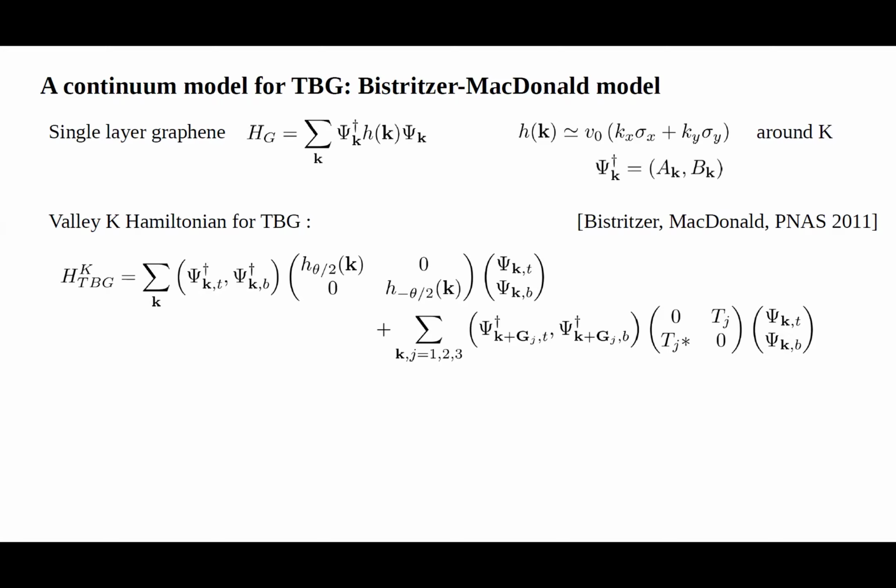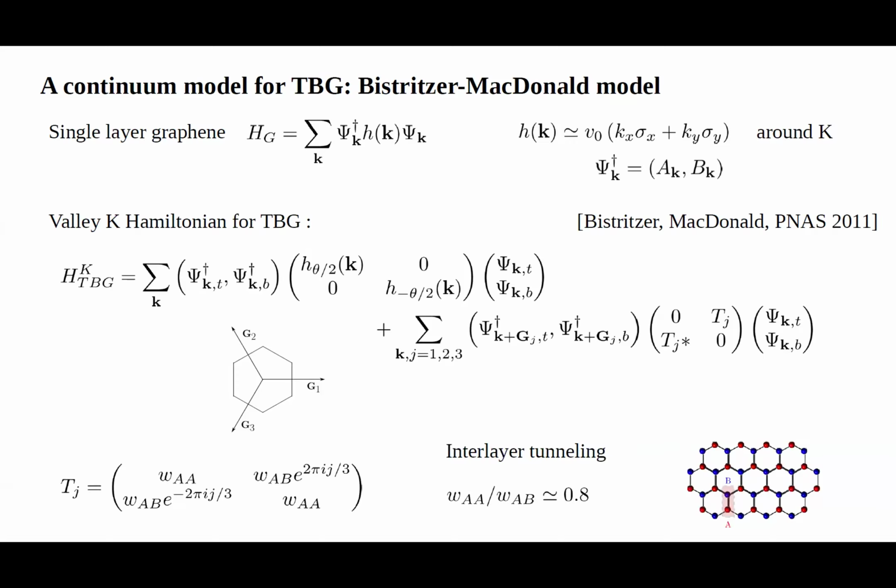And then I have an inter-layer term that's going to couple the two layers of graphene. And this is the term that carries the moire potential. Because it's associated with the moire potential, it's going to couple, in the Brillouin zone, K with K plus G, where G are moire reciprocal lattice vectors.